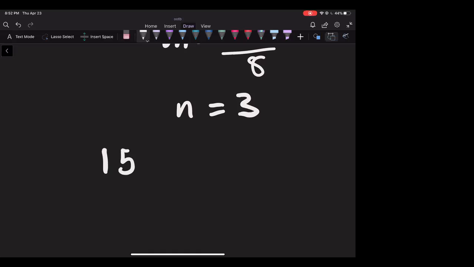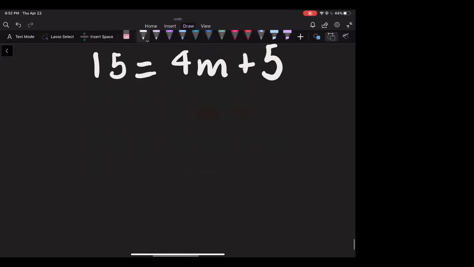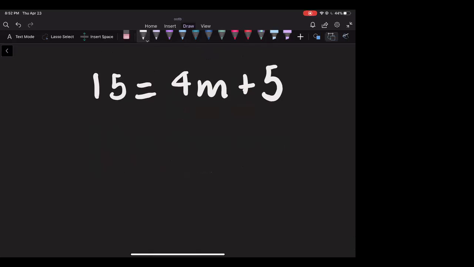We have 15. That's our question. So, do we have addition or subtraction? Addition. What's the opposite of addition?